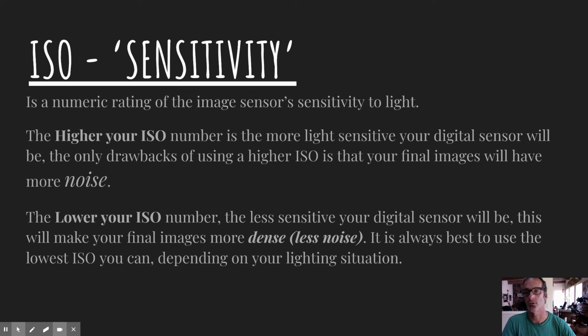Like when you're indoors, you'll need to raise the ISO just to get a good balanced exposure. But you might start getting noise, those little dots that are not really in the scene. It's just your sensor. What happens is it gets so sensitive that it's creating its own sort of information, creating imaginary pixels and little dots of light.